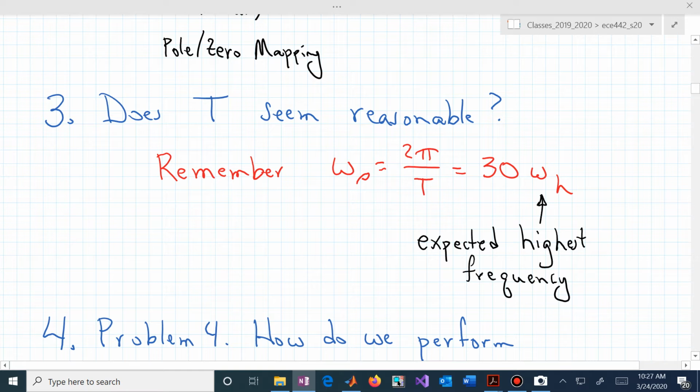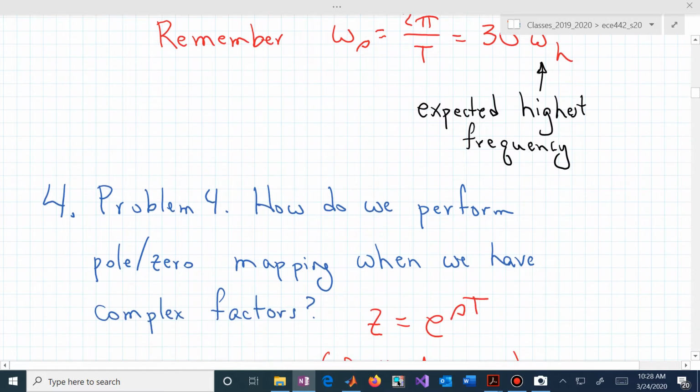And omega sub h, if you're not trying to modify the speed or the dynamics of your system, may be the highest frequency in your original transfer function. If you are modifying the dynamics or the speed of the system, then omega sub h may be what you desire to achieve, and that will then influence how fast you sample or what you select for capital T, which is related to the sampling frequency omega sub s.